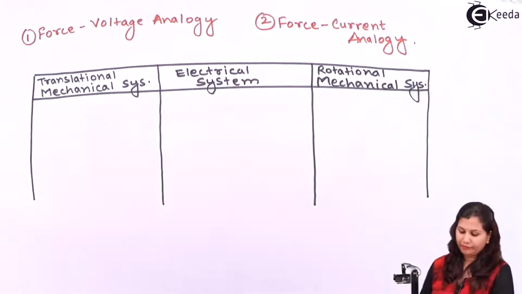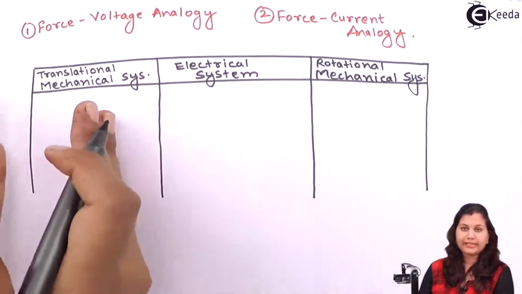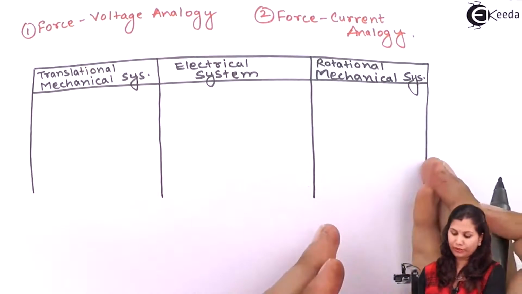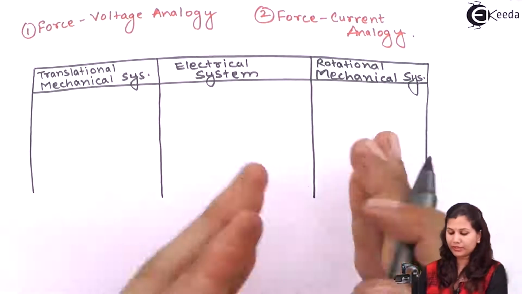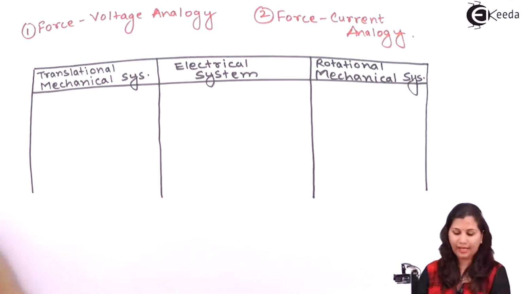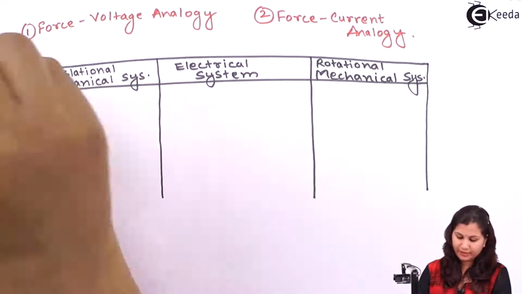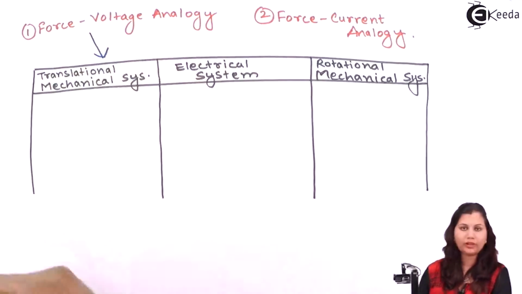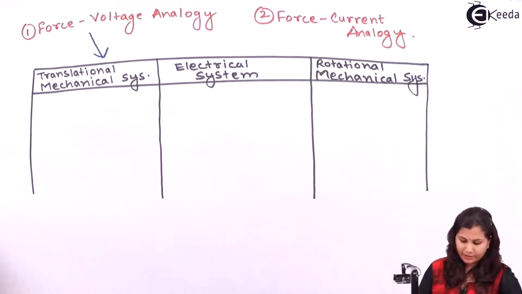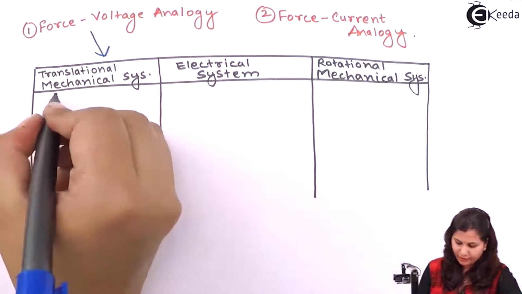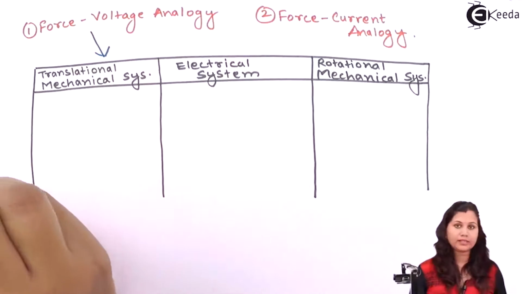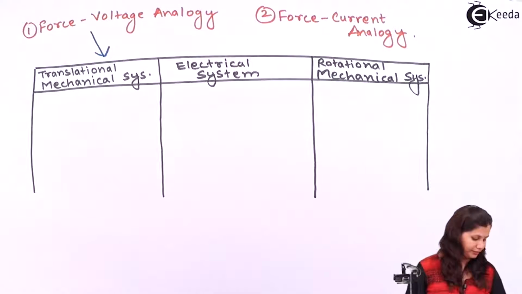How we can represent the translational mechanical system or the rotational mechanical system using the force voltage analogy. So this table is for the force voltage analogy. Just write the first equation, whatever the equation was, and compare it.